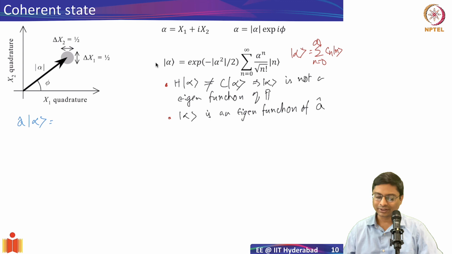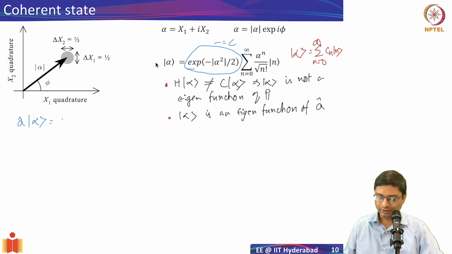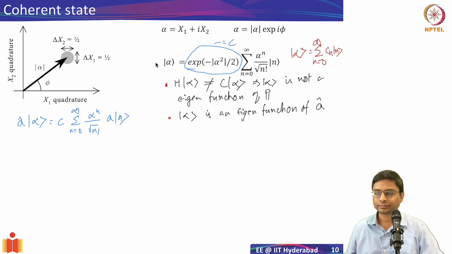I'll simply call this some C, simply to simplify my life. So this is C times summation n equal to 0 to infinity alpha power n divided by root of n factorial, A acting on n, right? So the rest of the things are constants.